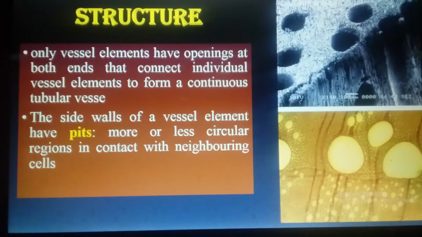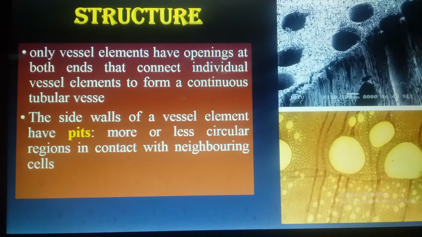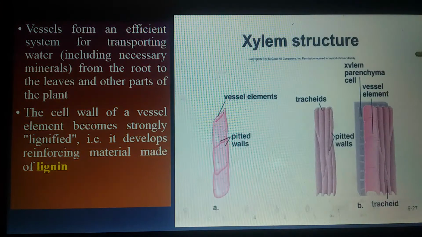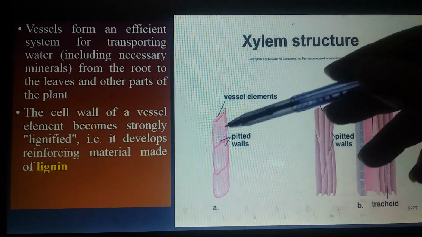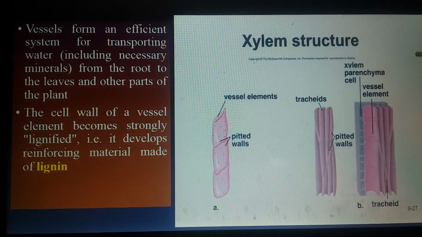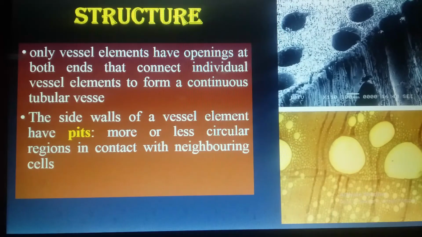So water conduction is easy through the vessel element. The side walls, as you have seen here, also have small pits. Pits are pores for the efficient transport of water and minerals, easily transported along the neighboring cells through these pits.